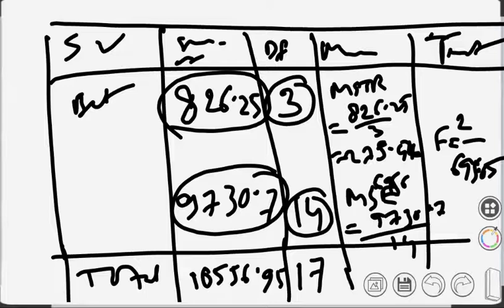So that means 0.396. The value of F we get is 0.40.